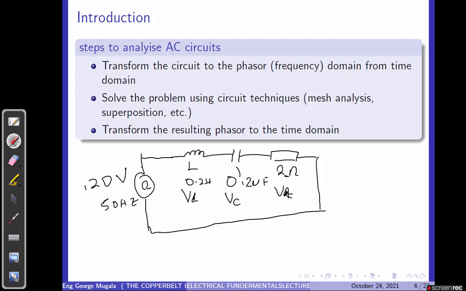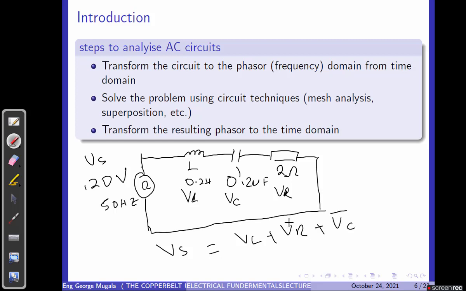Now, the challenge with this kind of circuit is that if we look at Kirchhoff's laws, the voltage in a closed loop is equal to the supply voltage. In other words, if this is 120 volts, Vs, then Vs is equal to VL plus VR plus VC.